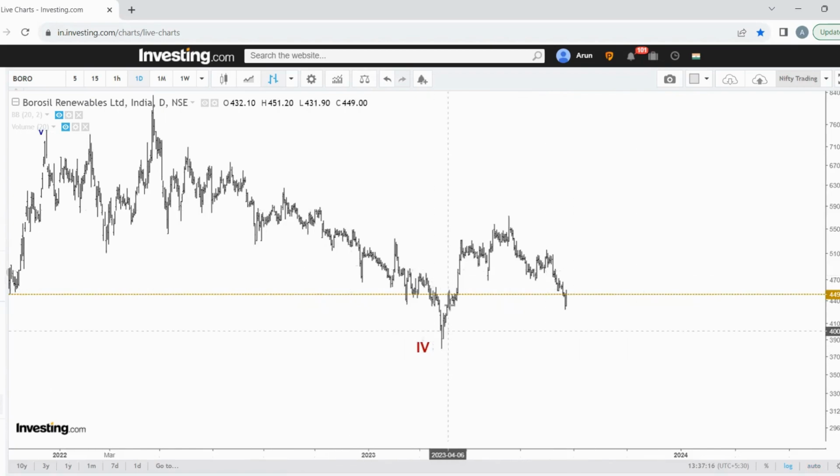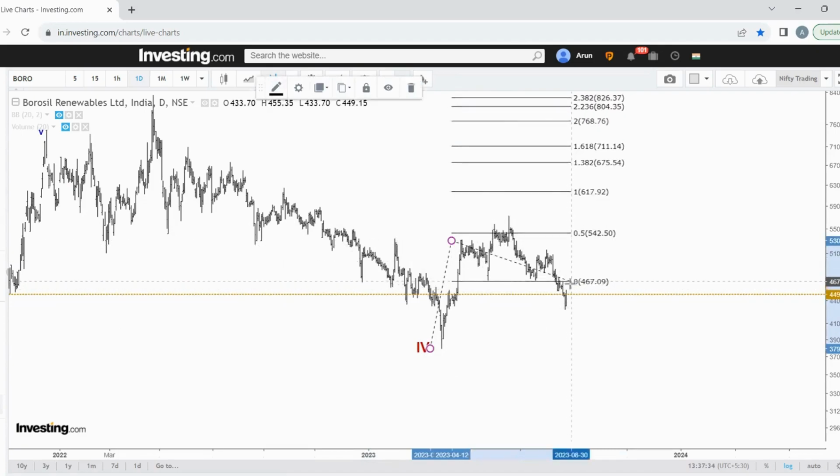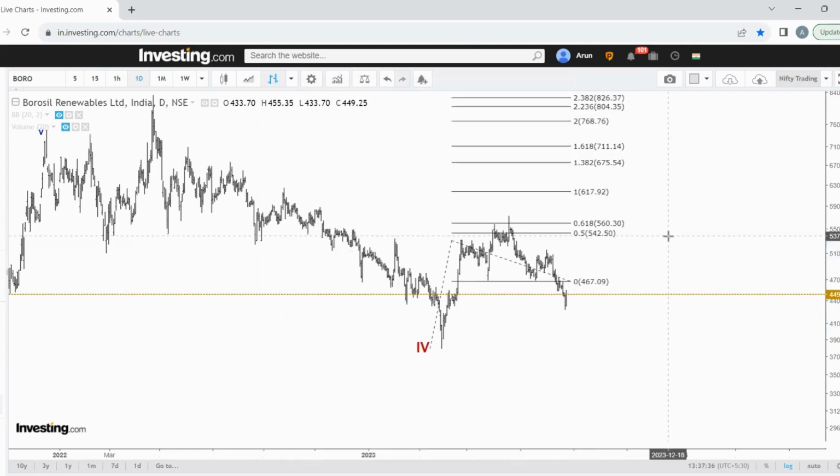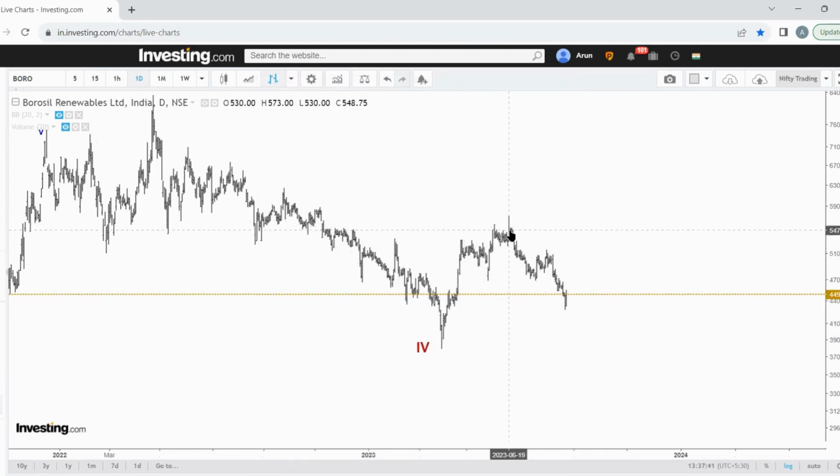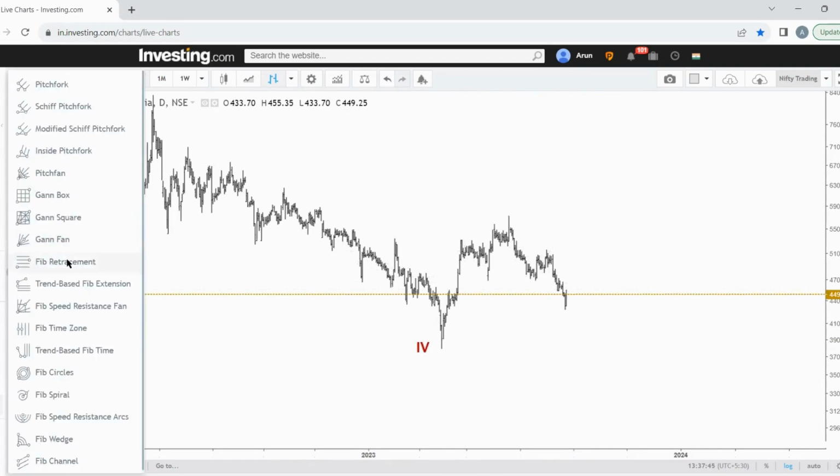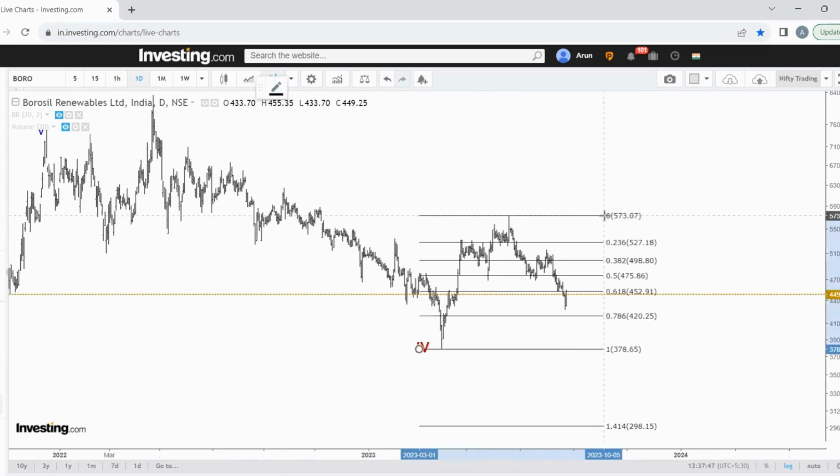So this is wave 1, 2, 3, 4 and 5. Since wave 2 is shallow, wave 4 is big, acceptable, and wave 5. So we just cross check with Fibs. 61.8. Yes, can be acceptable. So if it is 1, 2, 3, 4, 5, A, B, C, how much has it retraced from wave?